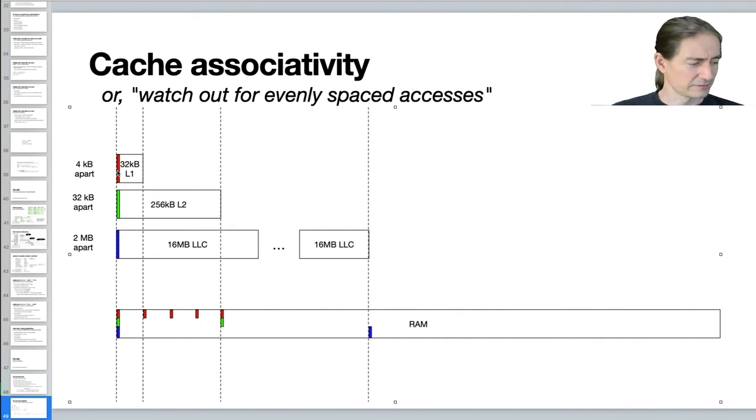So what is that? 4096 plus 64, 4160 apart. Well, then the first one will be here, and the next one will wrap around and be the next line in the cache. And the next access will be the next line in the cache, right? So now we're suddenly using the entire cache again.